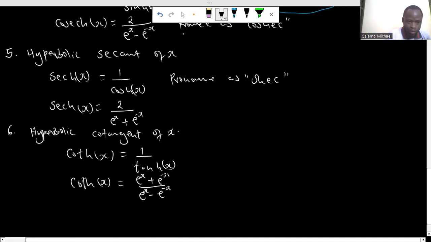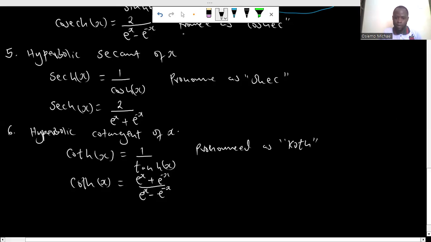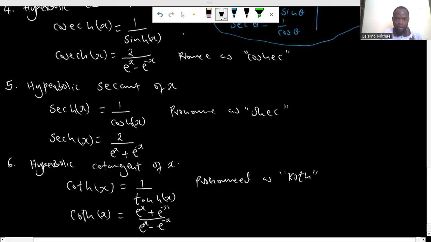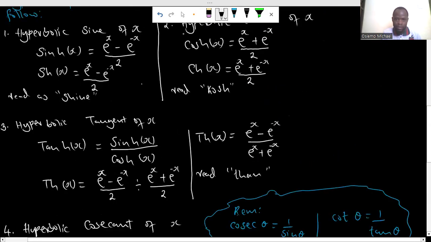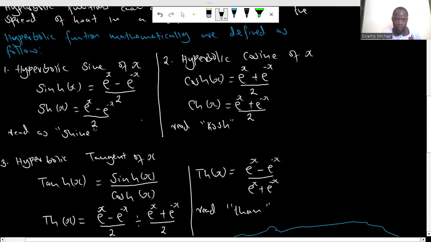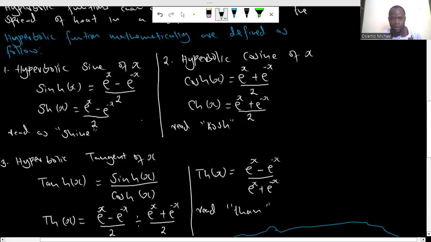So we read this one as the coth. If we go a little bit back, I think there was another one that we put like that. It is cosh, not coth. So we are okay, we are correct.